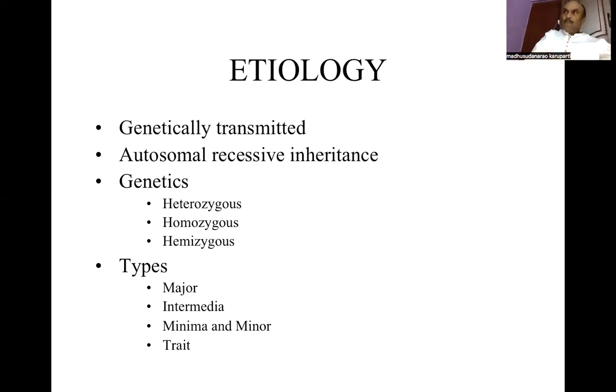It could be thalassemia major or thalassemia intermedia or thalassemia minor, minima or the trait, depending on the degree of anemia or degree of the suppression of the beta globin chains.